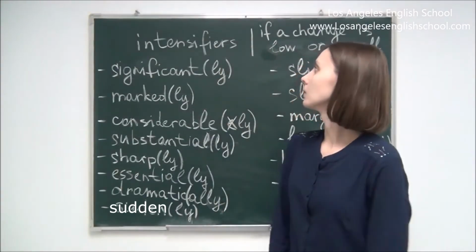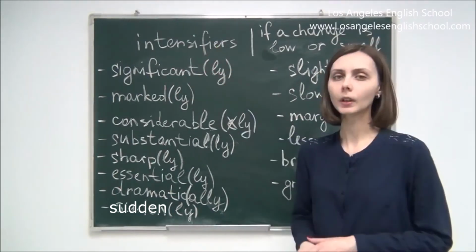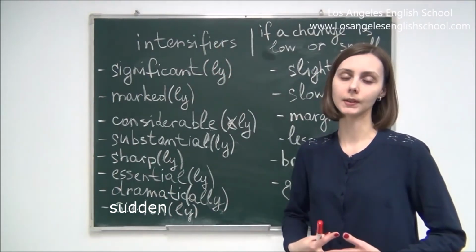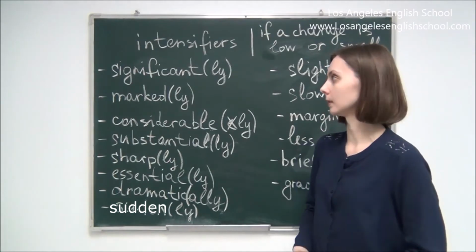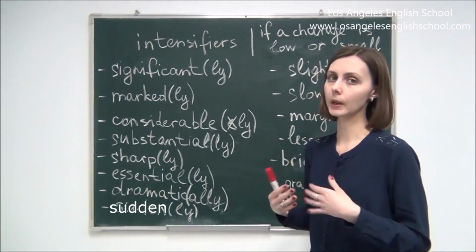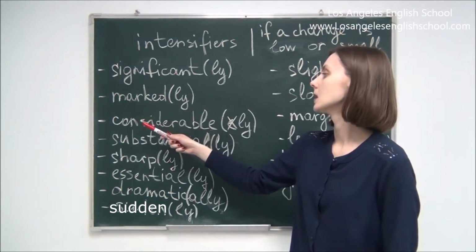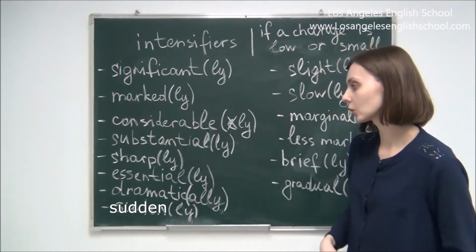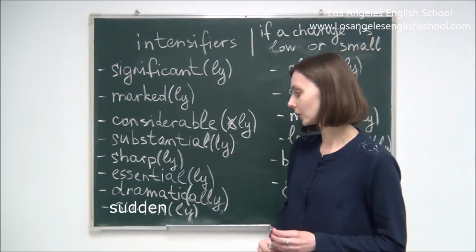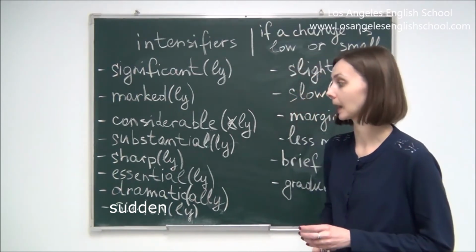So let's take a look at some intensifiers. You can use them as adjectives and as adverbs as well. So you can use the following adjectives: significant, marked, considerable, substantial, sharp, essential, dramatic, or sudden.